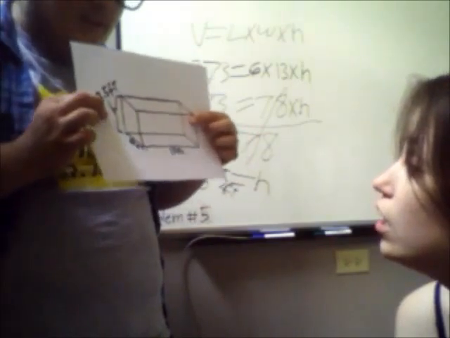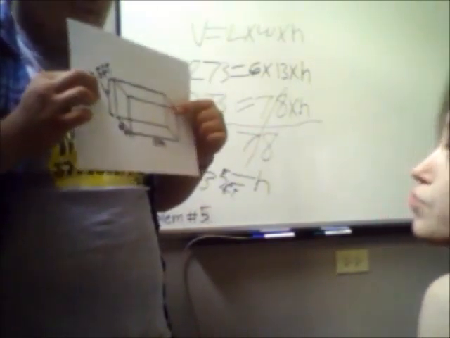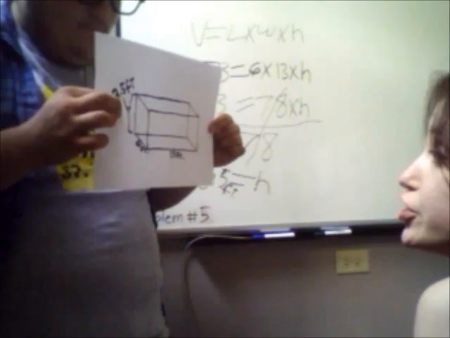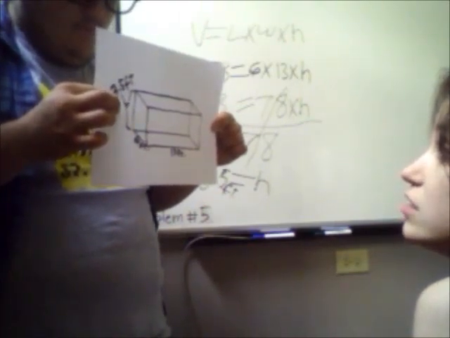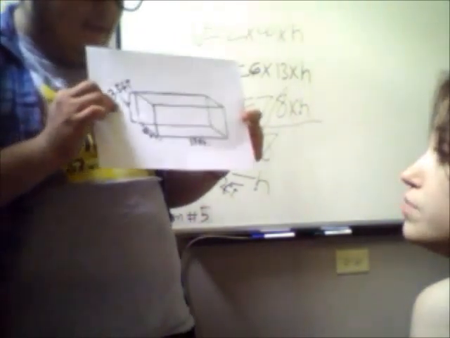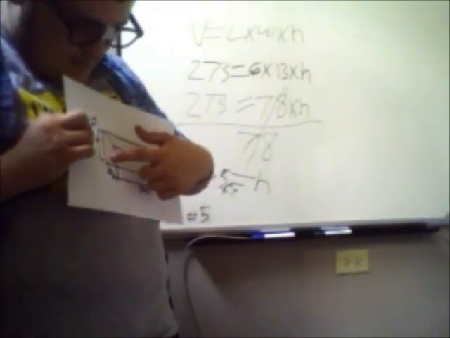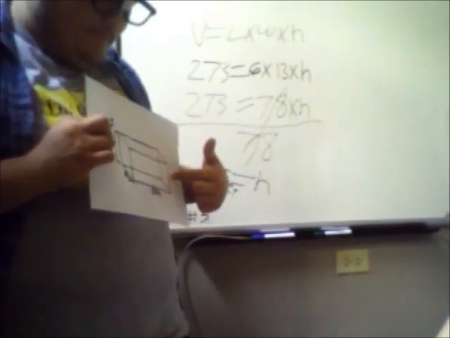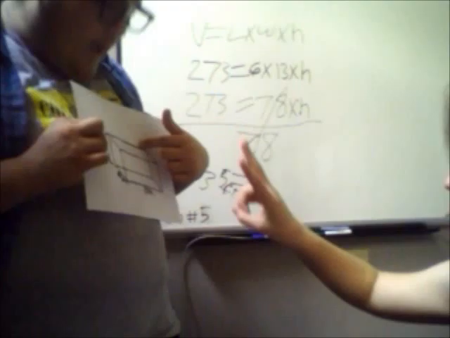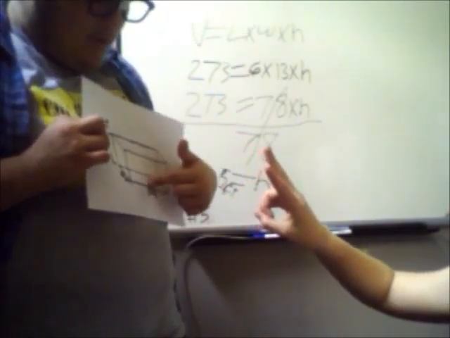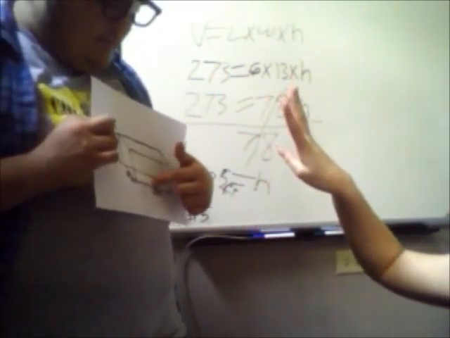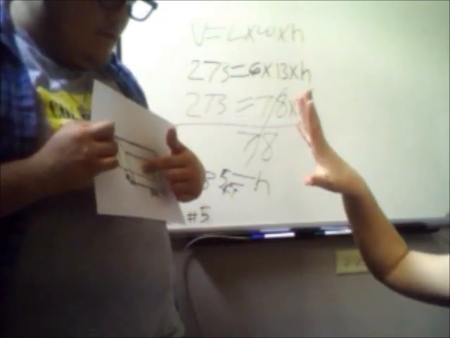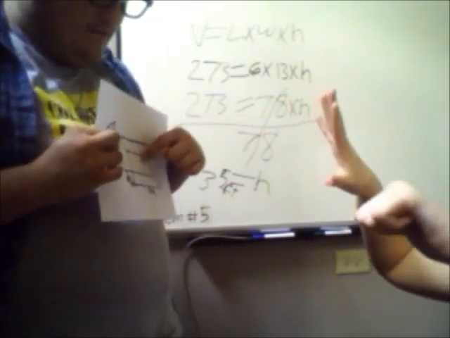And how many faces does this figure have? No, let's count them together. We got the front and the back, 2, plus the top and the bottom, 4, plus the side and the other side, 6. Six total.